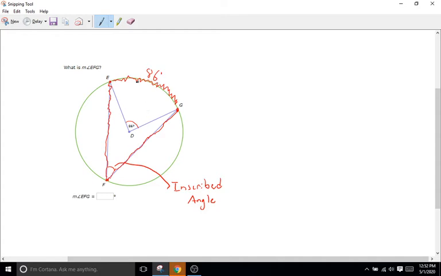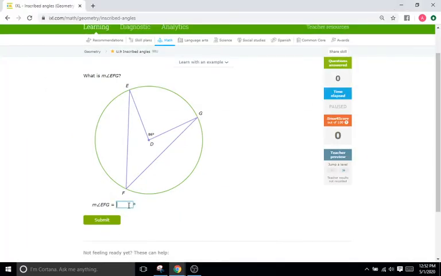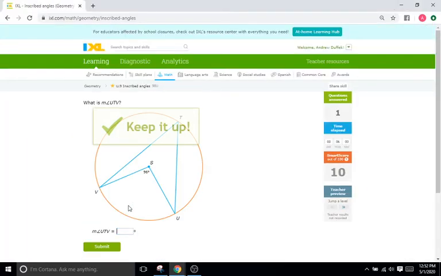If our minor arc between the two endpoints of the chord is 86 degrees, that means our angle EFG down here, our inscribed angle, is going to be exactly half. Half of 86 is 43. Over here, type in 43, and we have it.